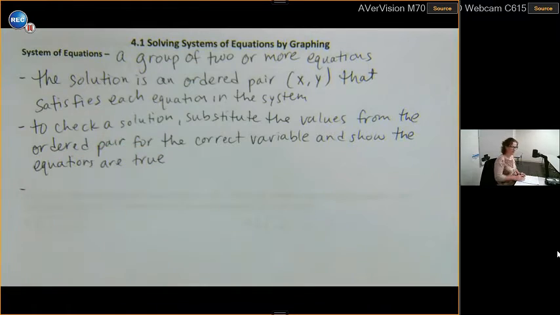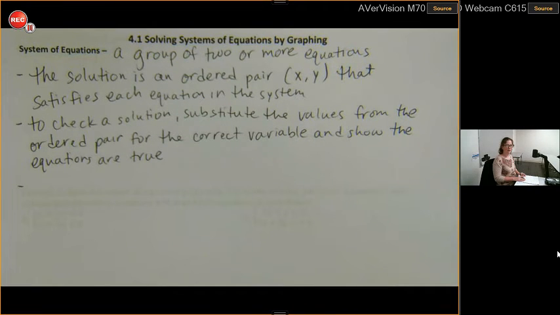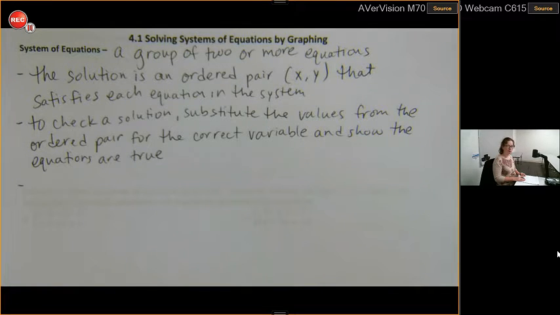We're going to talk about several different methods for solving systems as a part of Chapter 4. The first method is by graphing. To solve by graphing, you're going to graph each equation and then find the point where the lines cross.